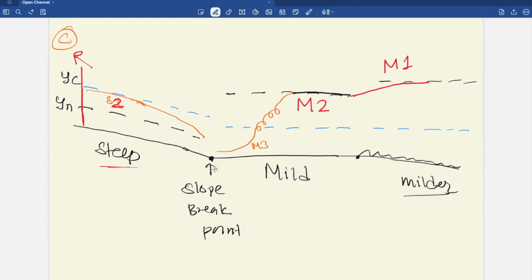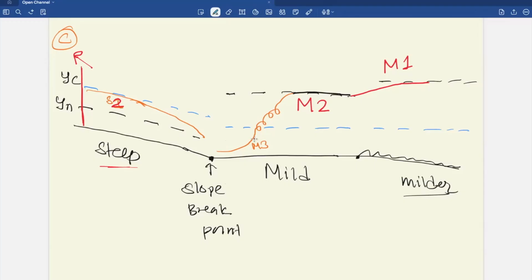So here flow becomes supercritical. And after this slope break, it enters into the mild slope, and here there will be fast supercritical water from the steep flow, which is below both yn and yc, and we call that zone 3.